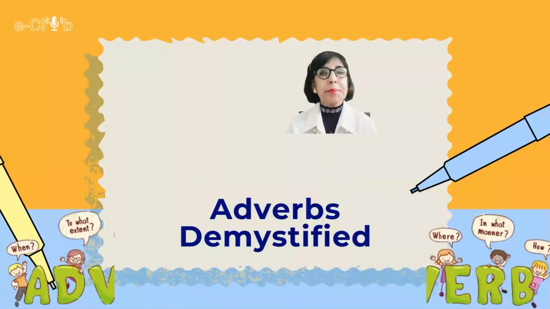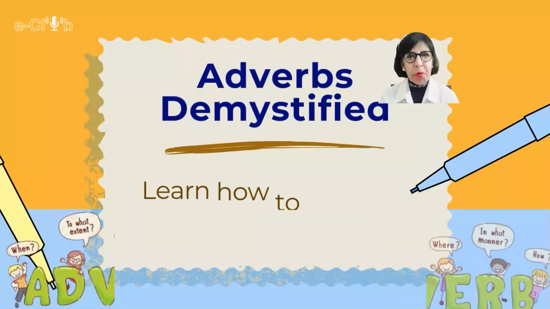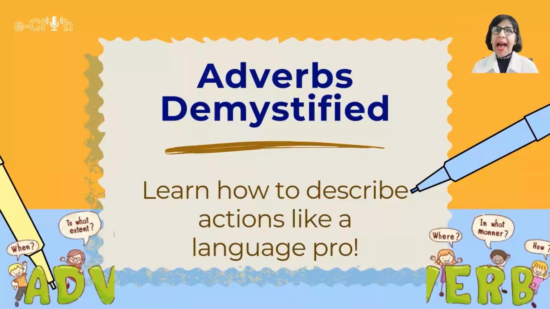These small but mighty words add emotion, detail, and rhythm to your English. Today on E-Club, we are not just learning what adverbs are, we are learning how to use them like a language artist. Get ready to level up your fluency in the smartest way.